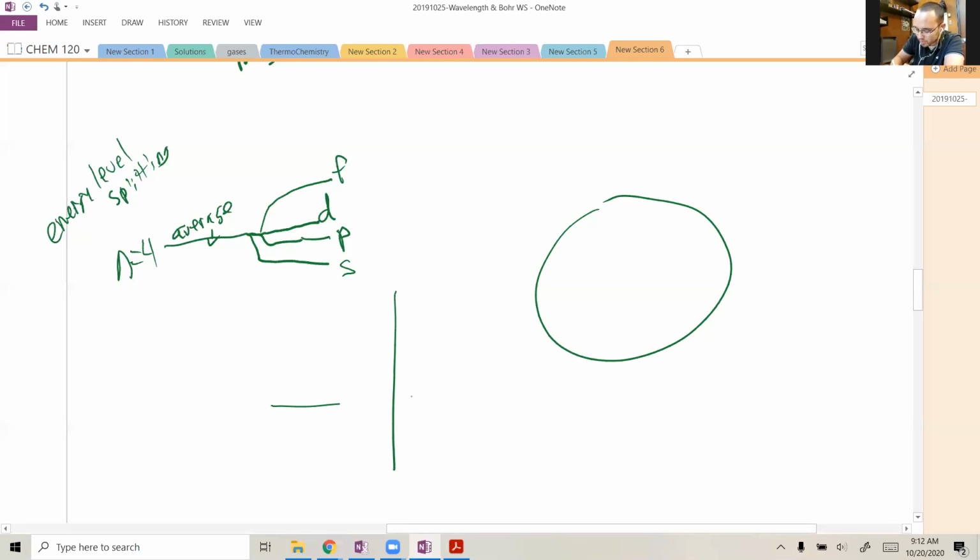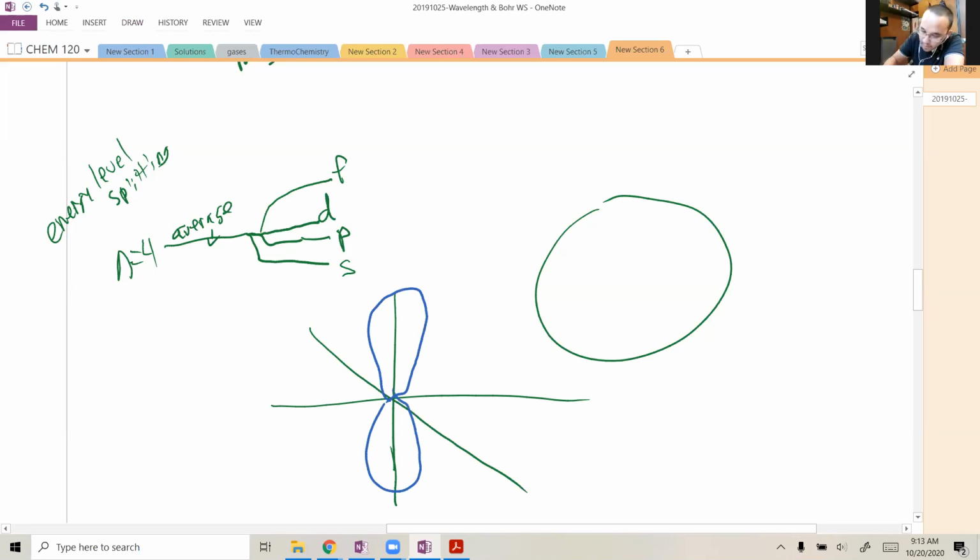I always use the p orbitals because they're the only ones that I can really draw. When that first electron comes into a p orbital, it has an option. It can go in this blue one that's top and bottom, it can go into this red one that's front and back, or it can go in the gray one that's side to side.